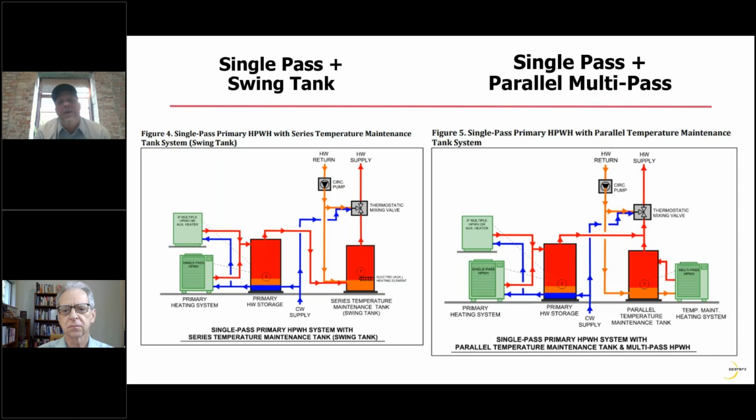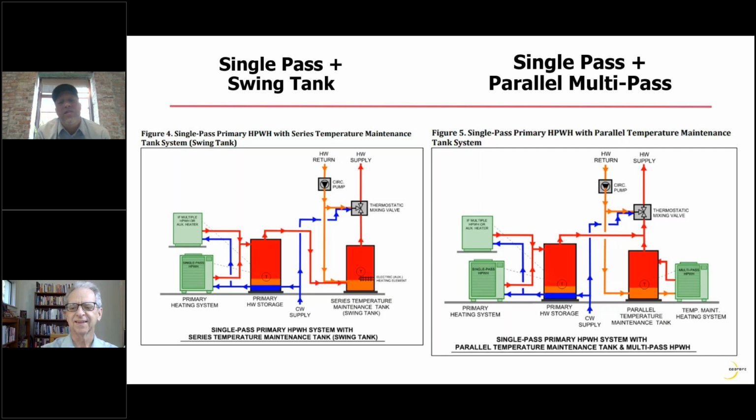Those tend to be smaller systems, 100-unit apartments or less. That said, we've done them on larger buildings too. It's smaller stuff with really good distribution systems, because swing tanks really shine when you've got really well insulated distribution systems.